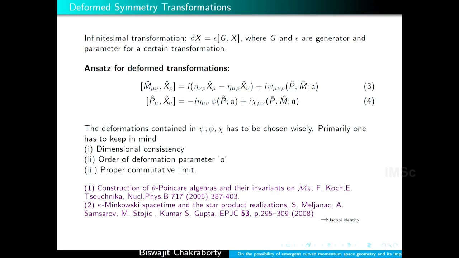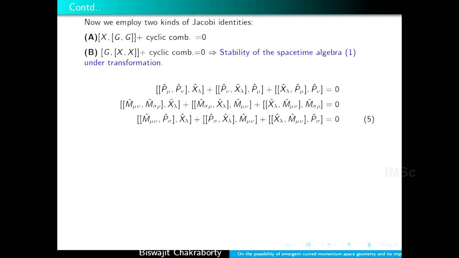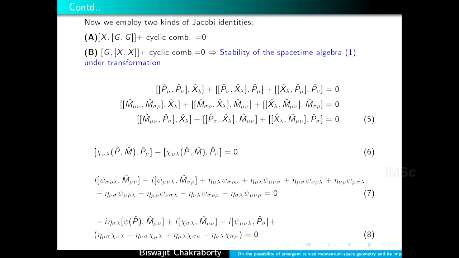So what we do is make use of the Jacobi identities, where capital G refers to the Poincare generators, M or P, the homogeneous Lorentz generators or translations. So, Jacobi identities of two types, where x occurs only once, and the second one where x occurs twice. So you write down the detailed algebra, the Jacobi identity, and then carry on this analysis.